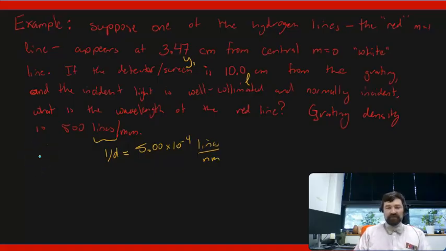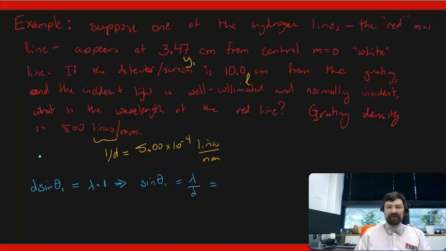So basically what we do is we use d sine theta 1 is lambda times 1, m equals 1 in other words. And thus we could say sine theta 1 is simply lambda over d.